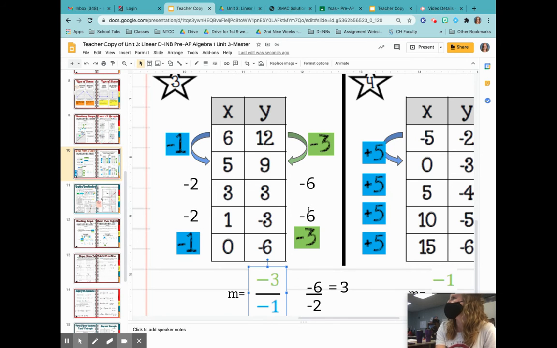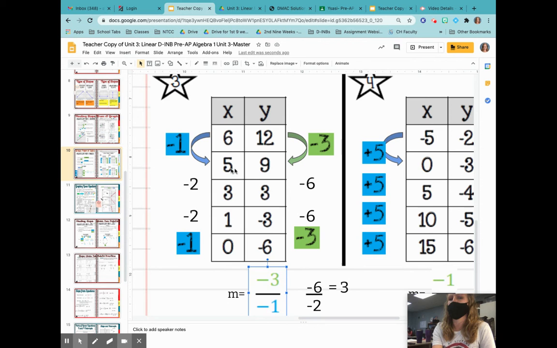But then you could also write negative 6 over negative 2, which if you reduce both of these, you come up with a 3 on both of them. So it doesn't have to always be the same change of y over change in x. It just has to simplify to equal the same slope.